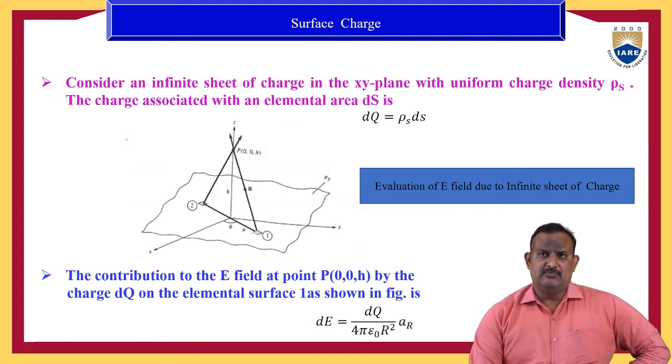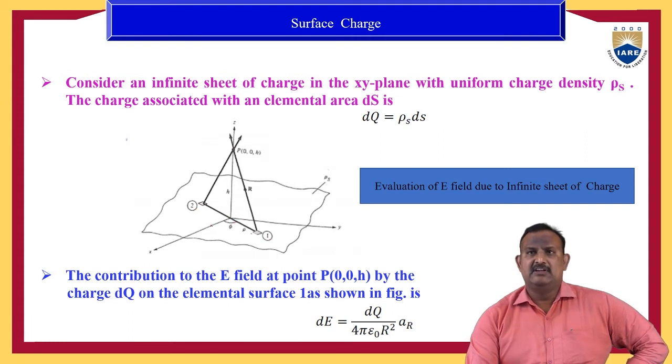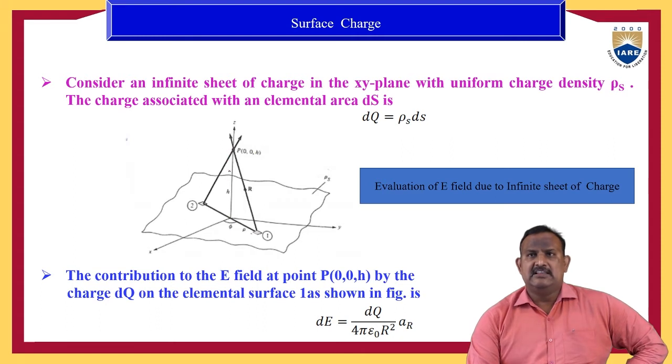From the figure, let us assume two elements, one in the xy plane and the other in the xz plane. Our aim is to find the electric field intensity at point P, whose coordinates are 0, 0, h, because the total sheet is along the z-axis and we don't have the x and y coordinates.